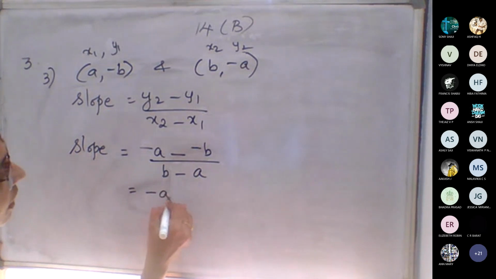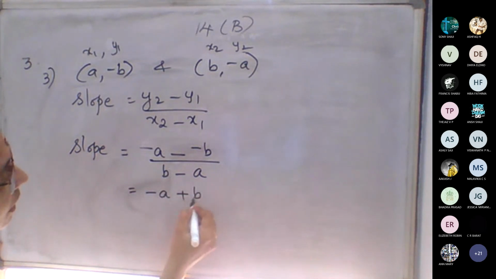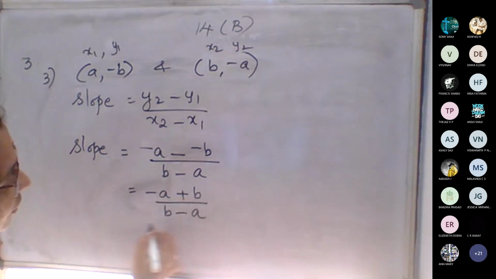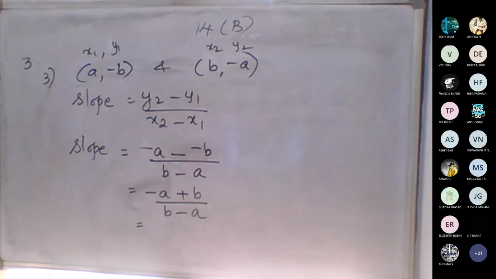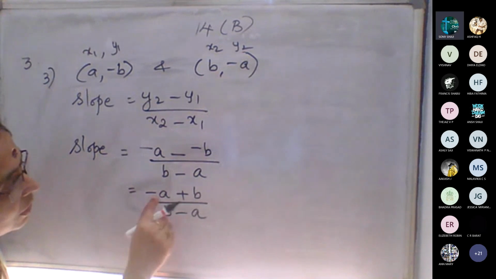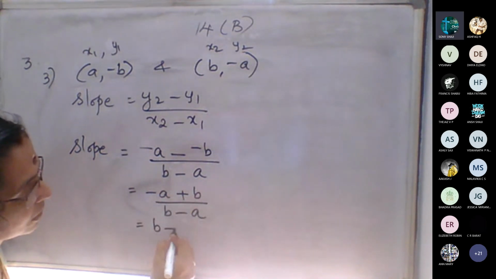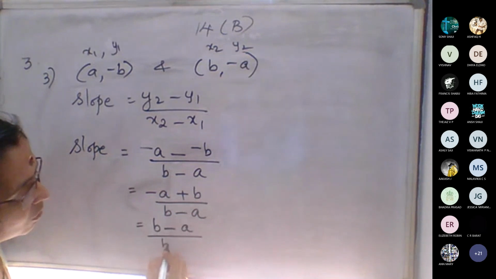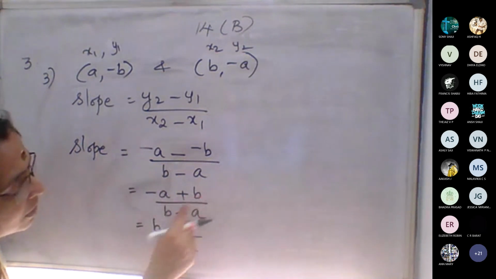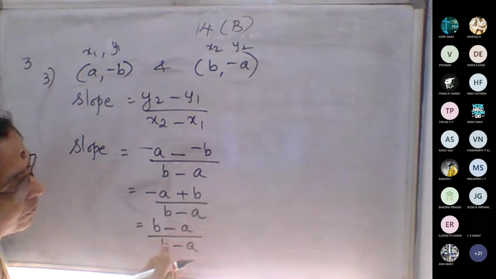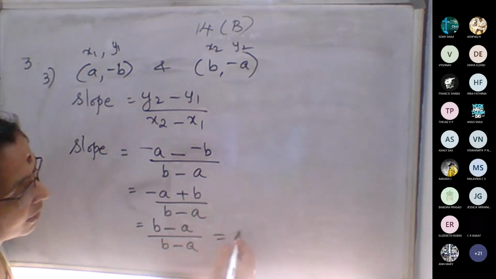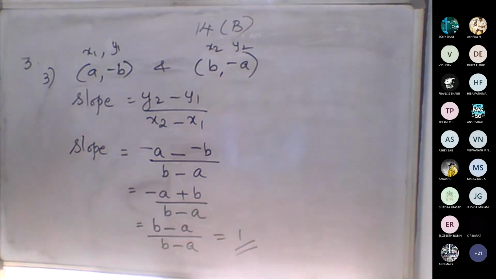So this we can write as negative a plus b divided by b minus a. Is there any similarity between the numerator and the denominator? Both are same, no? Negative a plus b is b minus a. Here also b minus a. So b minus a cancel. We will get the answer as 1. So slope is equal to 1.